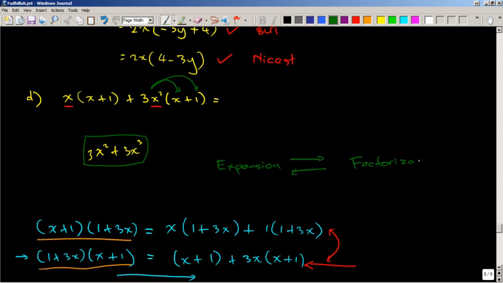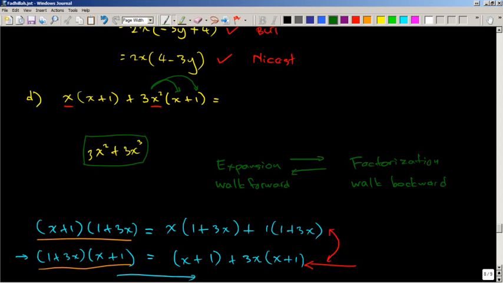Oh, okay. Okay. Expansion and factorization are two reverse process. Expansion is like when you walk forward. Okay. Factorization is when you walk backward. Okay. So kalau cikgu ask you to walk backward, but you go and walk forward, of course salah lah, because you go to the wrong direction, betul tak?